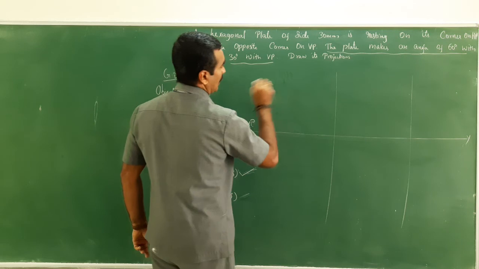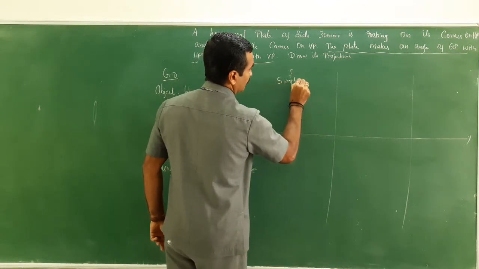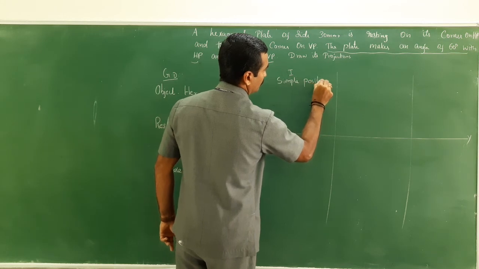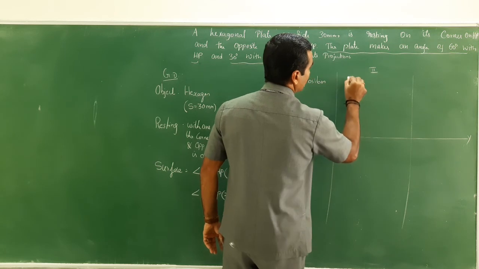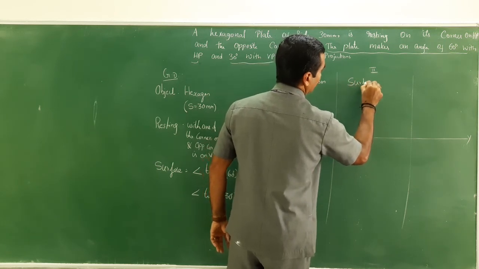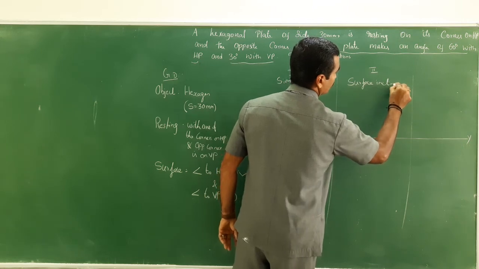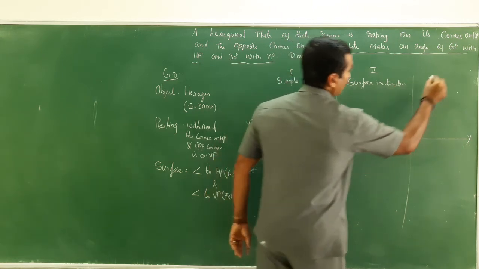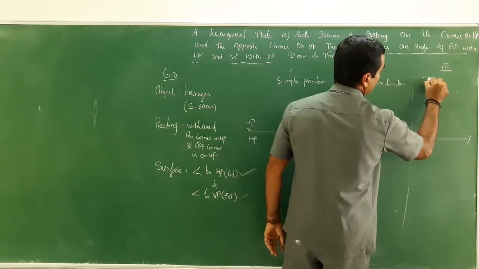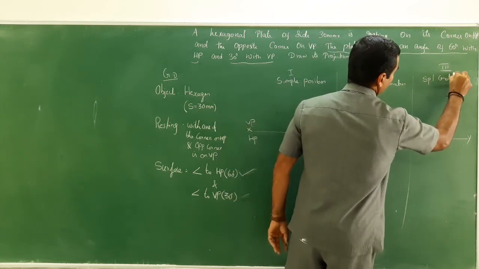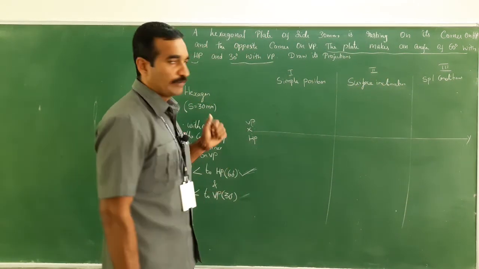Stage 1 belongs to the simple position, and stage 2 belongs to the surface inclination. The third stage belongs to edge inclination or special condition. Here it is a special condition.